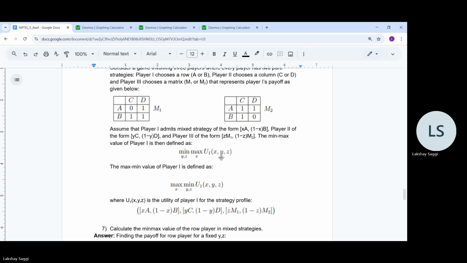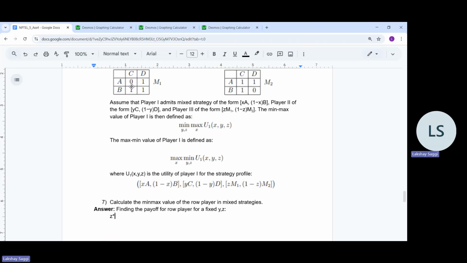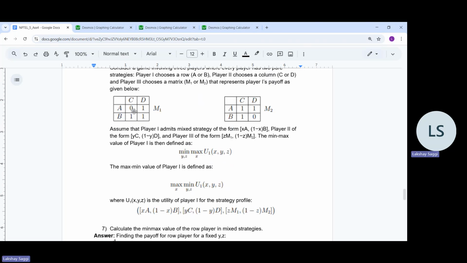So what this essentially means is that the matrix M1 is chosen with probability z, and then let's say column 1 is chosen.